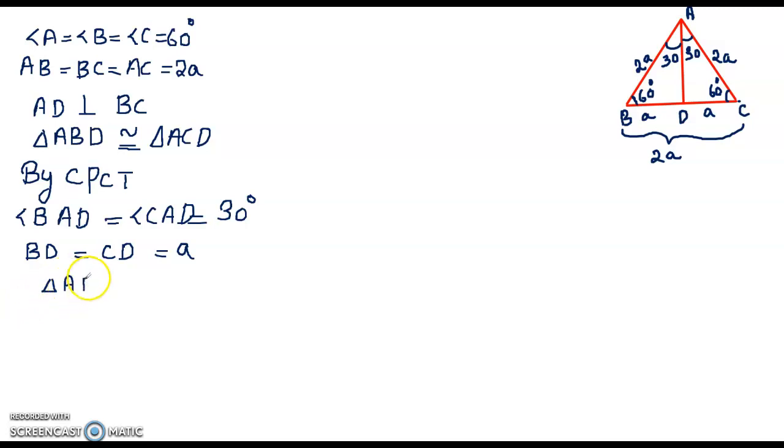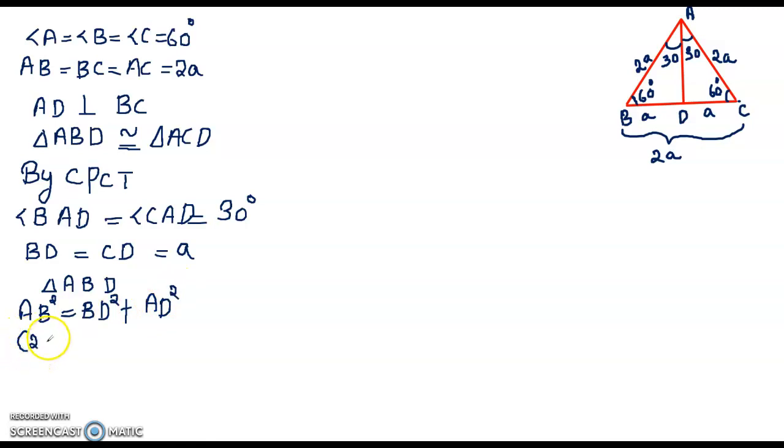So consider this right angle triangle ABD. Using Pythagoras theorem, we can say that AB square is equal to BD square plus AD square. What is AB? AB is equal to 2A.